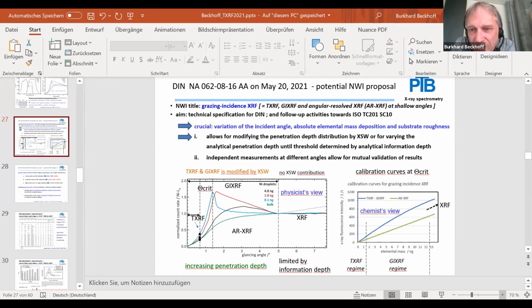yeah, in particular, I would be most interested regarding Laura's question if chemists could produce this kind of calibration curves. I think that this could be quite easily done, because there are many chemists also among the network action members.